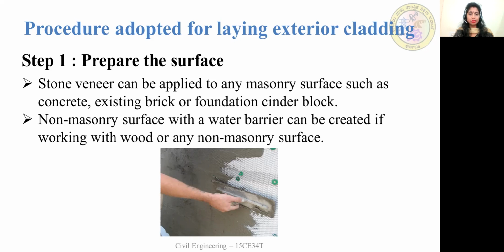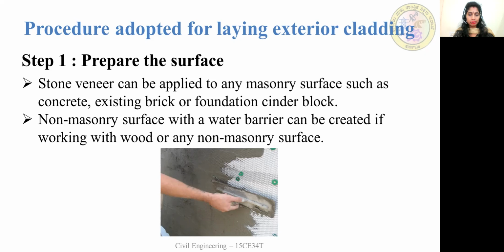So step 1, prepare the surface. First, anything you apply, whether plastering, cladding, anything, the main first basic step is to prepare the surface. Let us start the steps one by one.